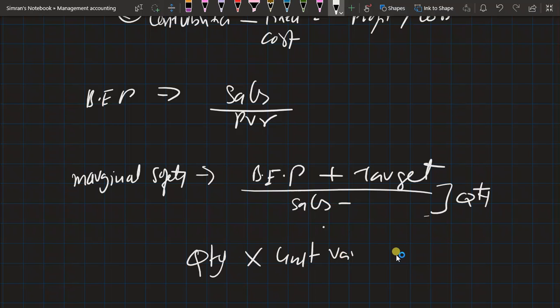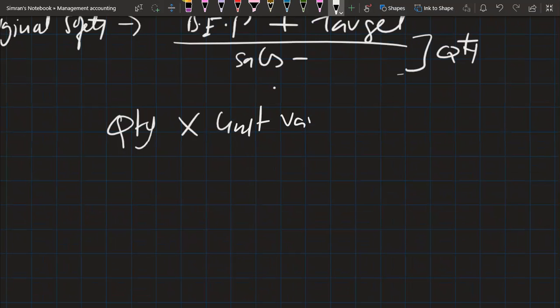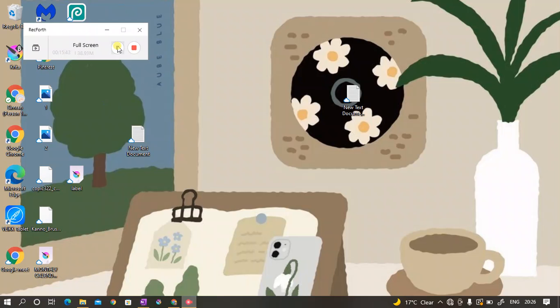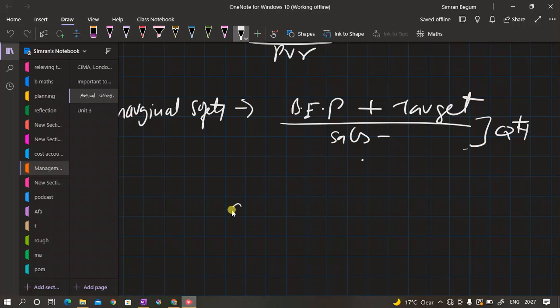So it's basically for the quantity, and for the sales we need quantity multiplied by unit variable cost. So that's the main formula we need. And one thing you also need to know is, let's say, contribution can also be found out by sales into PVR.